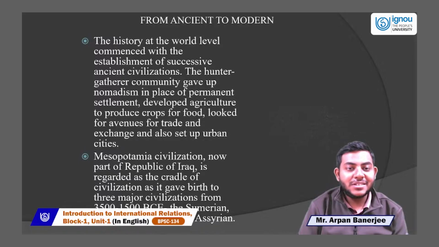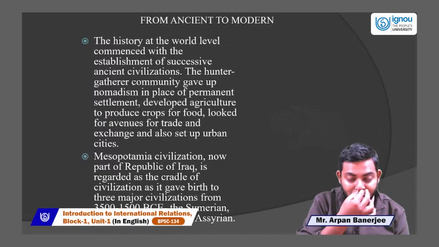Now let us discuss from ancient to modern. The history at the world level commenced with the establishment of successive ancient civilizations. The hunter-gatherer community gave up nomadism in place of permanent settlement, developed agriculture to produce crops for food, looked for avenues for trade and exchange, and also set up urban cities.